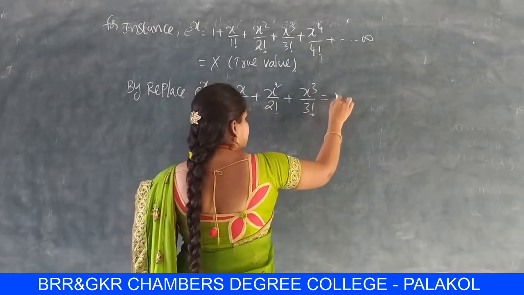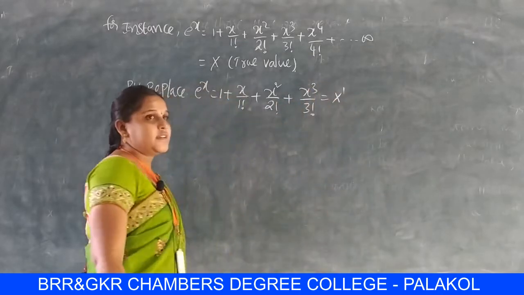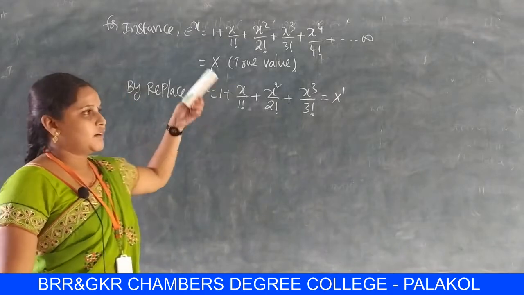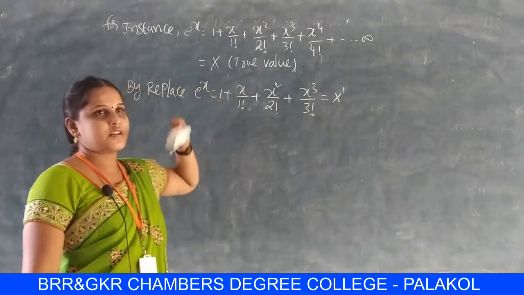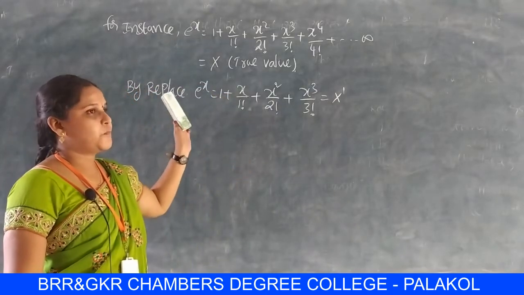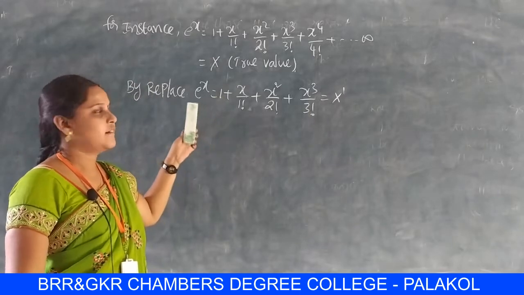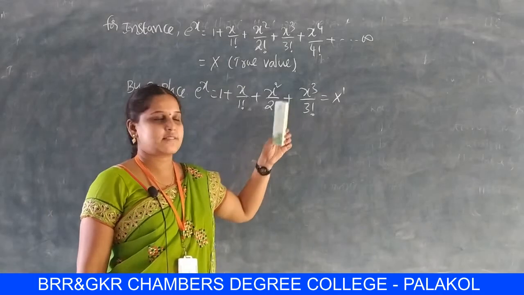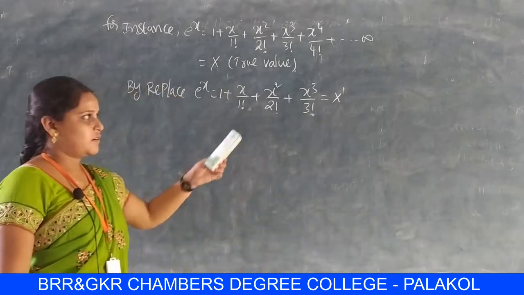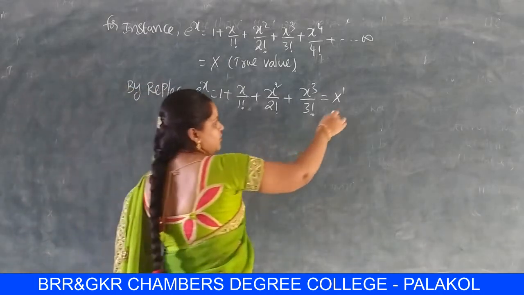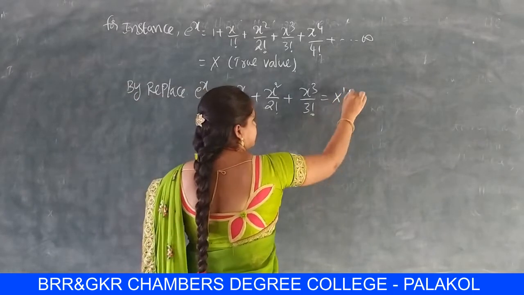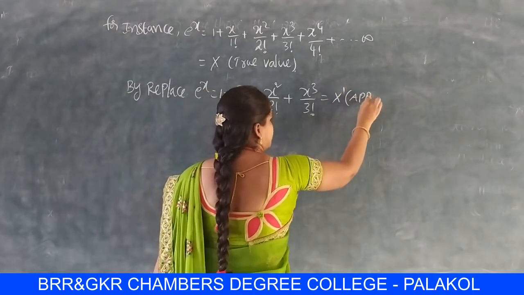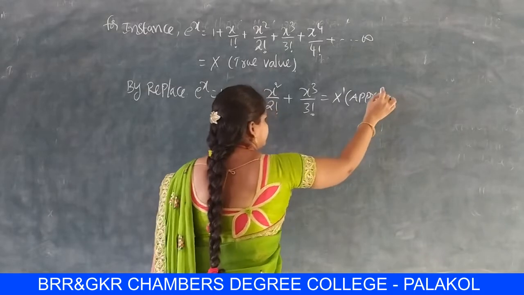The x dash replaces it with the Taylor series of the exponential function e power x as the approximate value. Considering 1 plus x by 1 factorial plus x square by 2 factorial plus x cube by 3 factorial is known as the approximate value, indicated by x dash.